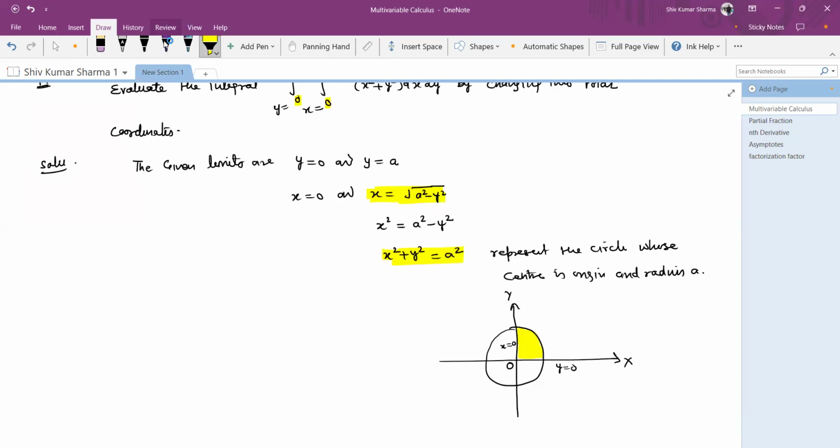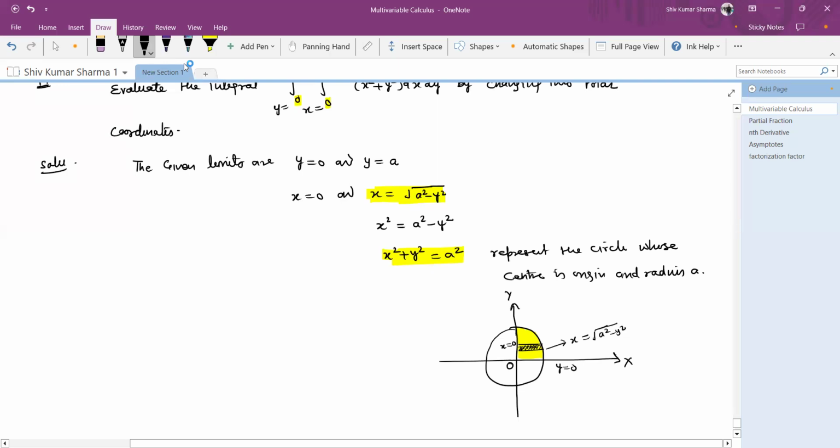Now we see that the variable limits are for x, so our elementary strip is parallel to the x-axis. What is the boundary for this? The boundary is x is equal to root a square minus y square, because this represents the circle in the first quadrant.